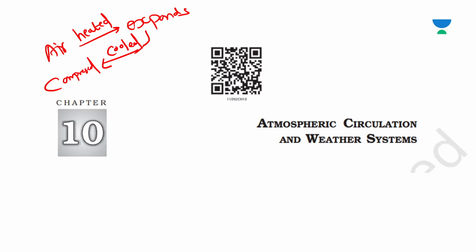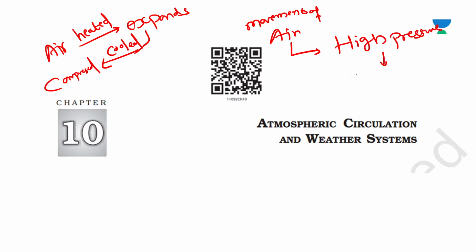So this results in variation in the atmospheric pressure, and the result is that it causes movement of air from high pressure to low pressure, setting the air in motion.